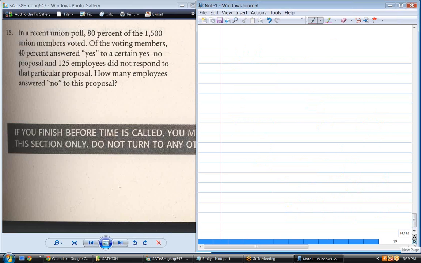In a recent union poll, 80% of... Ew. Okay, so 80% of 550 is 100 and that, so times 40, it's 480.